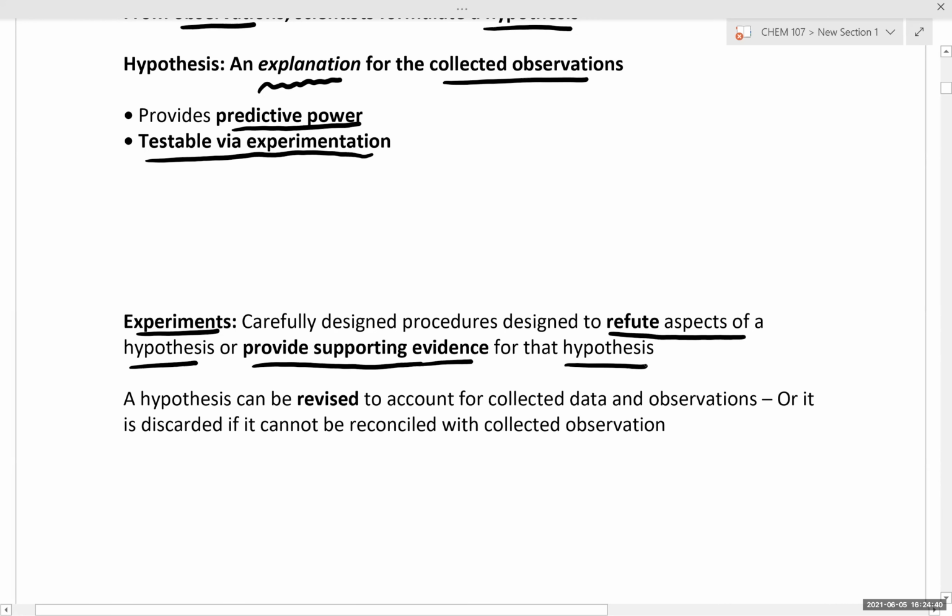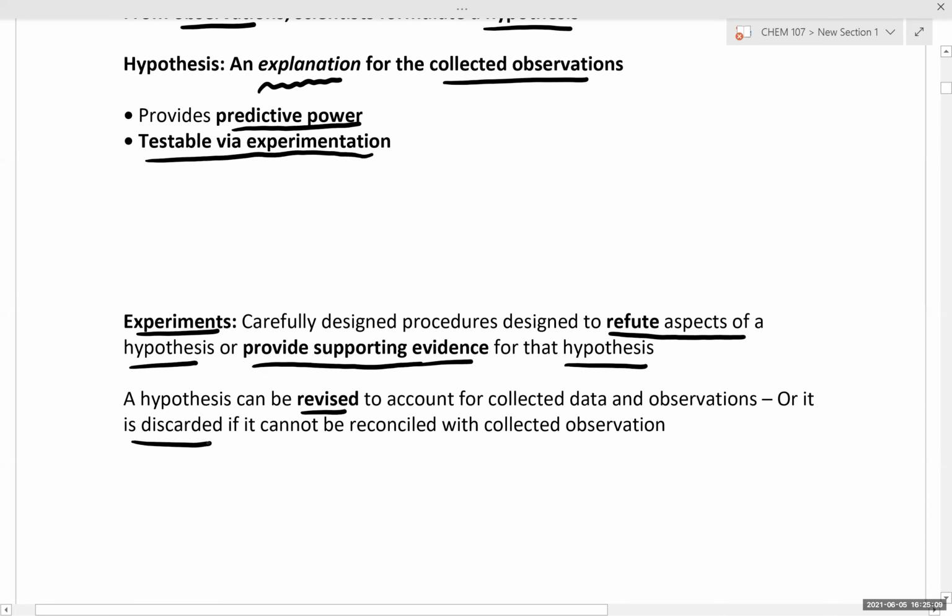Now, a hypothesis can be revised to account for collected data, or it is discarded if it cannot be reconciled with the collected observations. And through this process of proposing a hypothesis and then revising your hypothesis, you can begin to explain the observations that you observe and that you've collected.